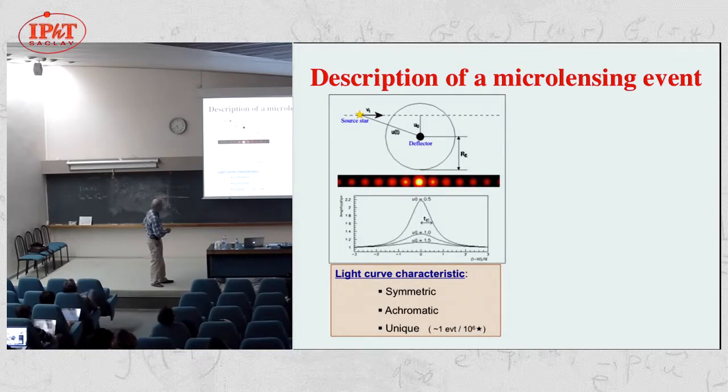The characteristics of the light curves are the symmetry with respect to the time of maximum magnification, and achromaticity. If your deflector is a pure source with no blending with other stars, you expect a light curve which is achromatic, so the shape should not depend on the wavelength.